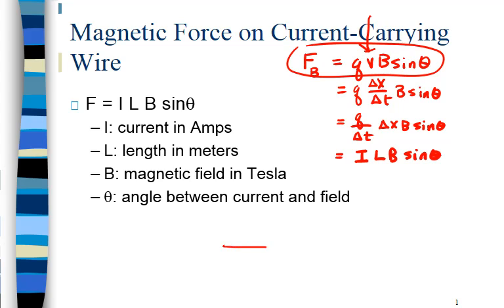In other words, how far did these go, x, in a period of time, and that's V. And so we know that Q over T is current, so we multiply the current by the length of wire exposed, and we can figure out the strength of the field.